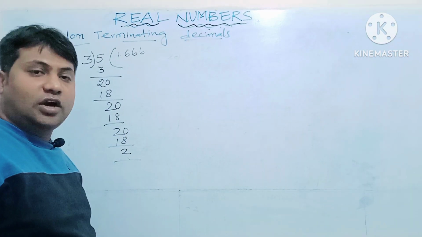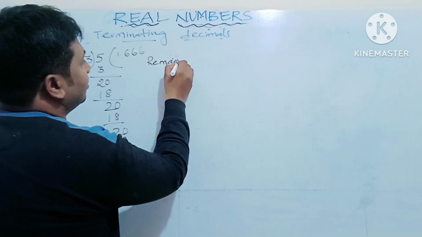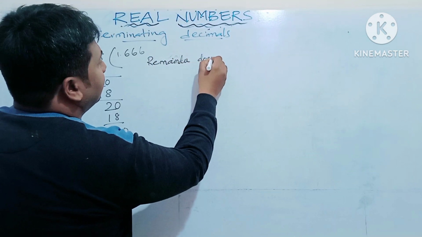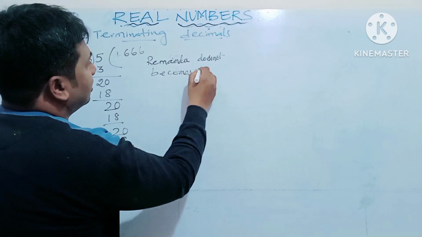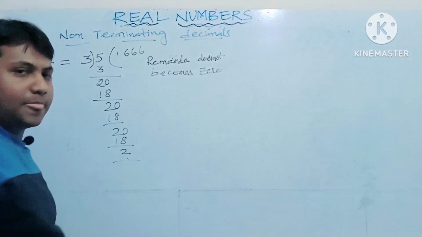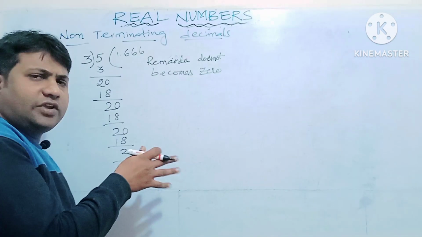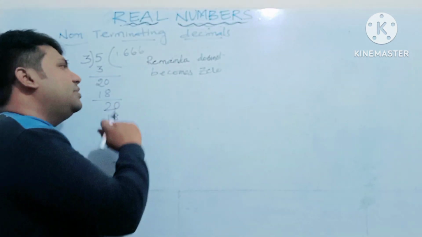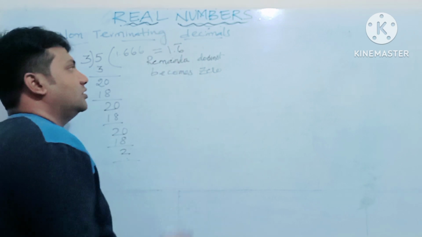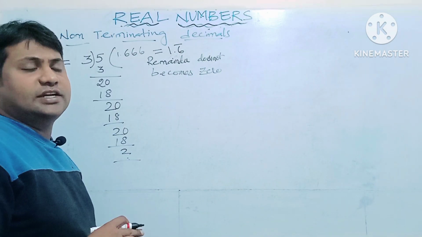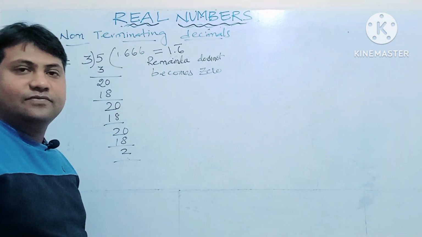What we can say here is that the remainder does not become 0. Understood, children? When we do this normal division and see that the remainder does not become 0, we can write this value as 1.6 bar. This bar notation indicates that this value is repeating.